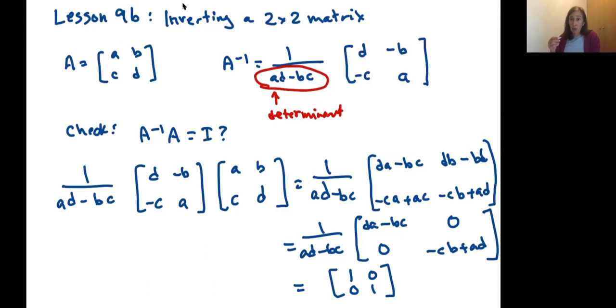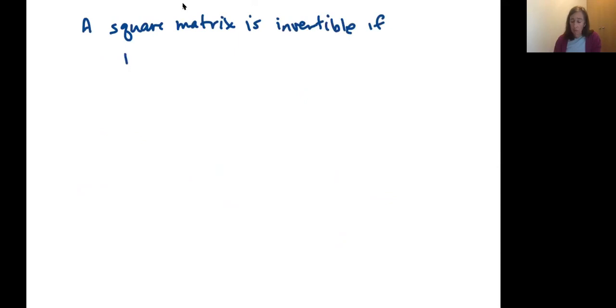For us, the most important use of a determinant is that it lets us know whether a matrix is invertible or not. So let's even write that out. A square matrix A is invertible if the determinant of A does not equal 0.